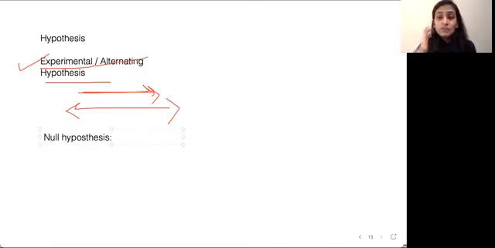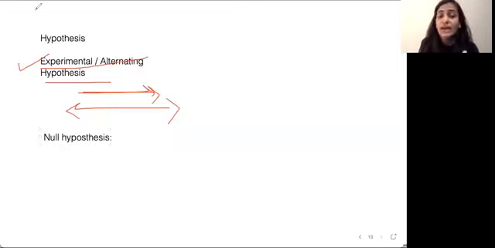Now, which one of them should I call the statistical hypothesis? Is my alternating hypothesis the statistical hypothesis or my null hypothesis the statistical hypothesis? My null hypothesis is the statistical hypothesis. Why? Because in my research, my study that I'm doing, I always test my null hypothesis. What if I reject my null hypothesis?